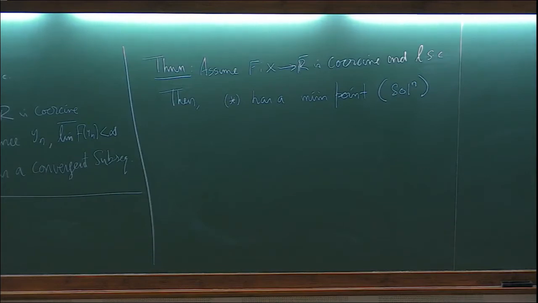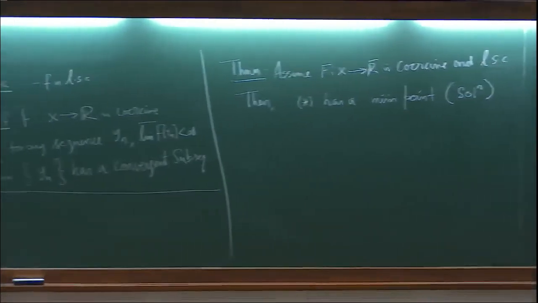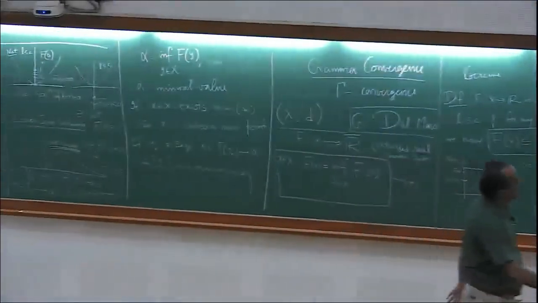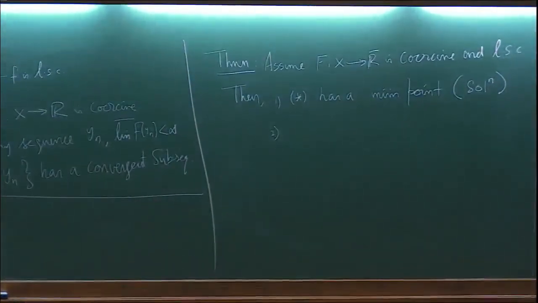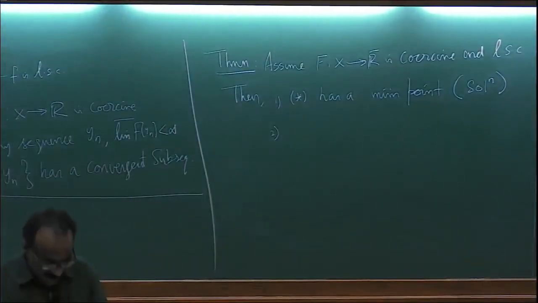Like this example, this is a continuous function, it's also coercive. So these are all coercive functions. This is not coercive. So we are having all the examples; I picked up these examples precisely. That's a minimum point. This is the easiest theorem in the abstract setup.